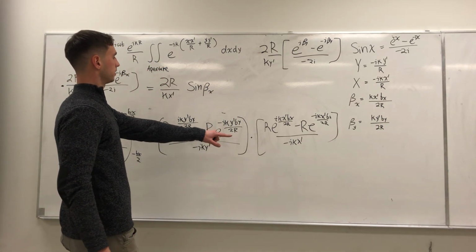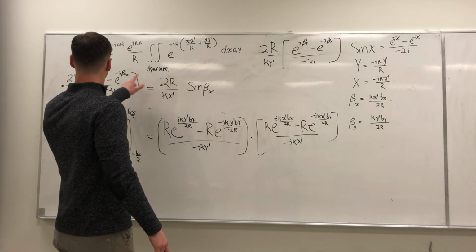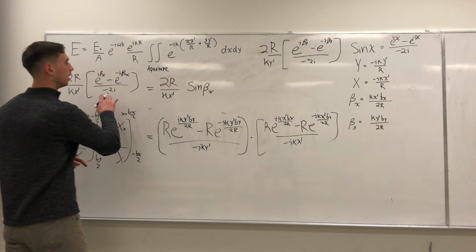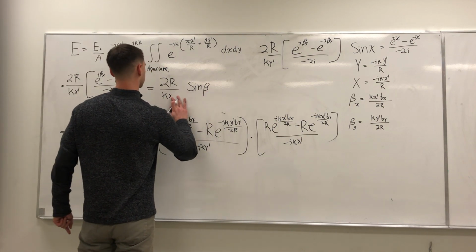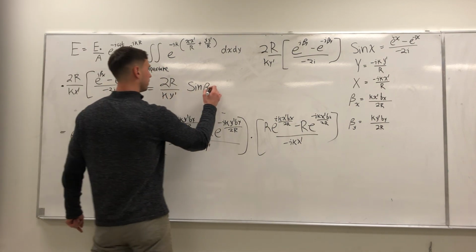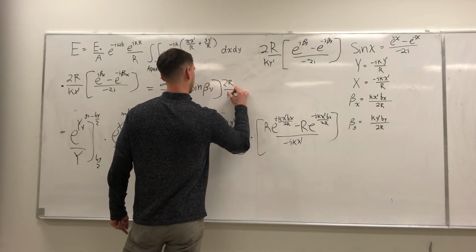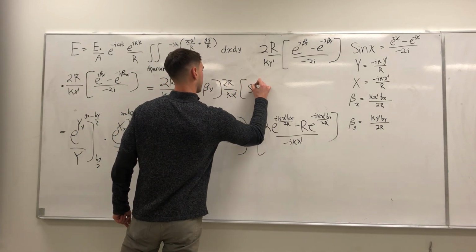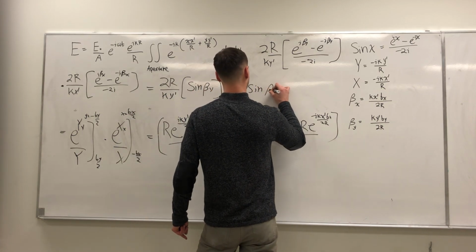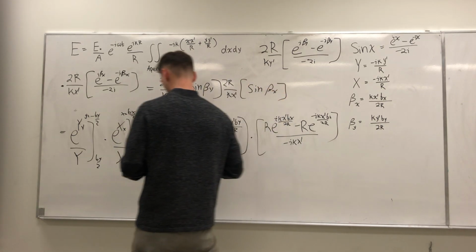Beta y, beta x, beta y, okay. So this is y. Sorry about that. Y prime, sine beta y, okay? And 2r over k x prime sine beta x.